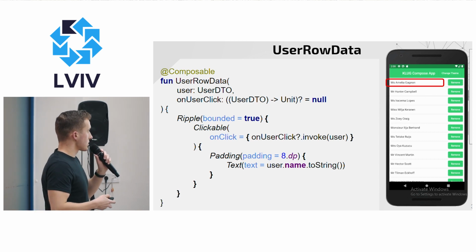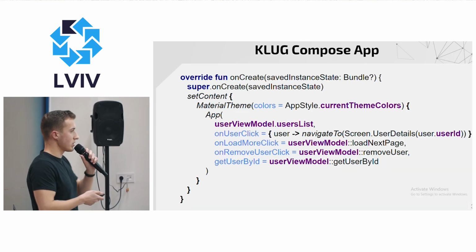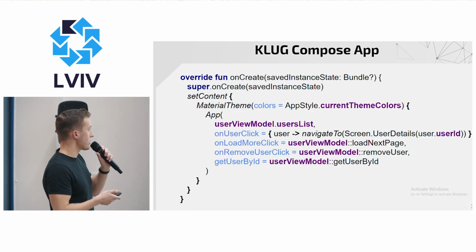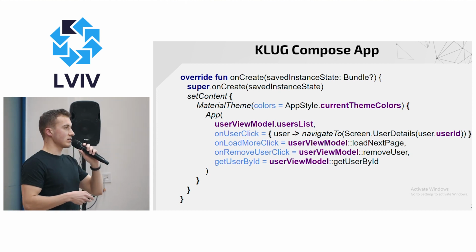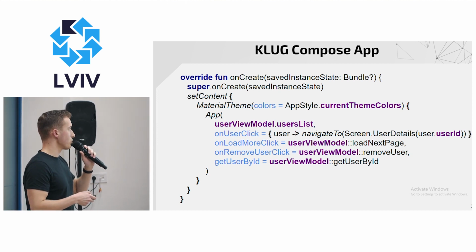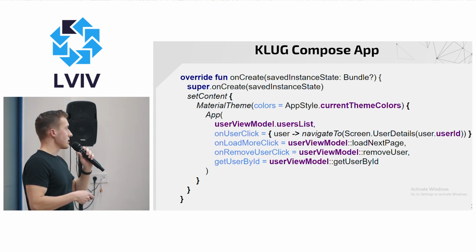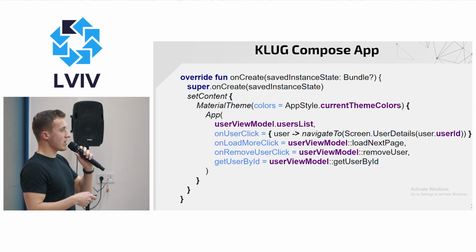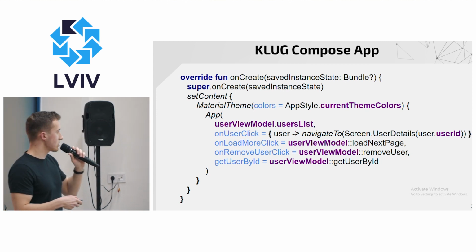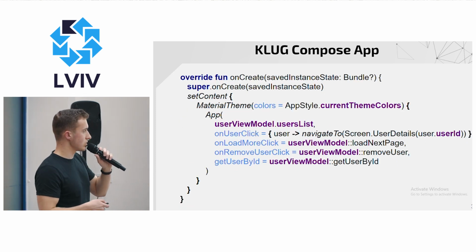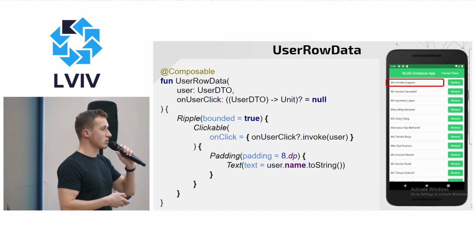Actually we can have our view model and have logic there, but I'm sure it's not the best approach, and there are a few better architecture patterns for doing this. For example, some MVI or something like that. But it was easier to do it like this.